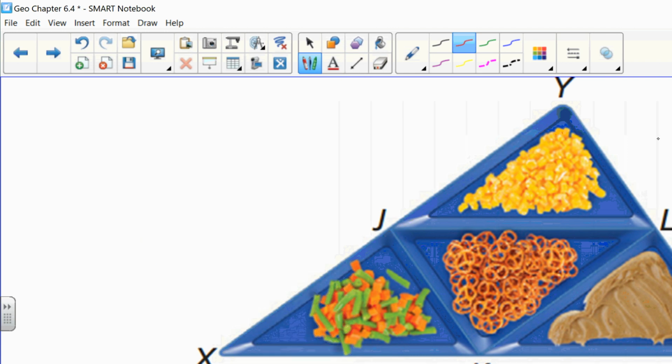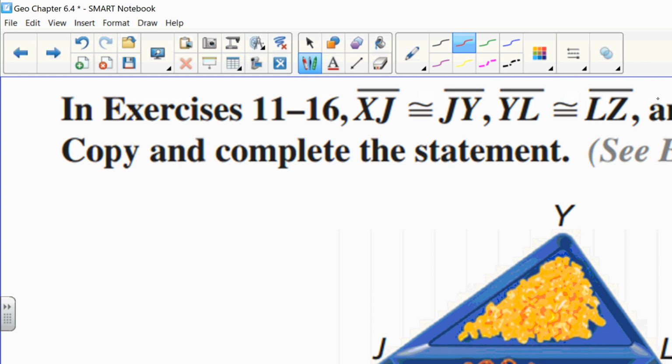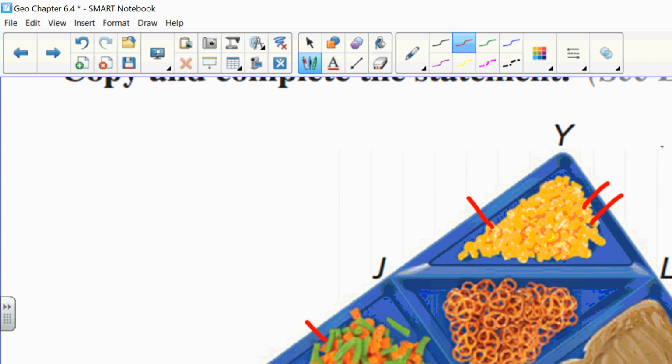Now in the diagram, it did tell us that XJ and JY are congruent, YL and LZ are congruent, and KZ and XK are congruent. Now JY, JX would be congruent to it.